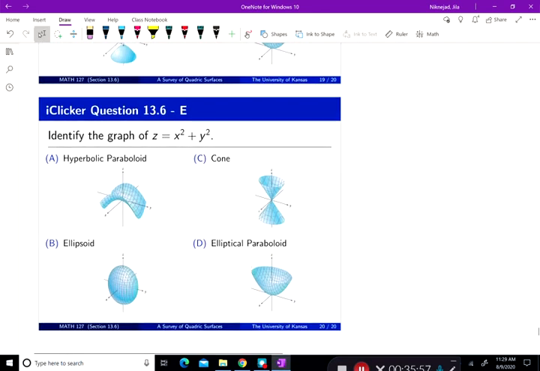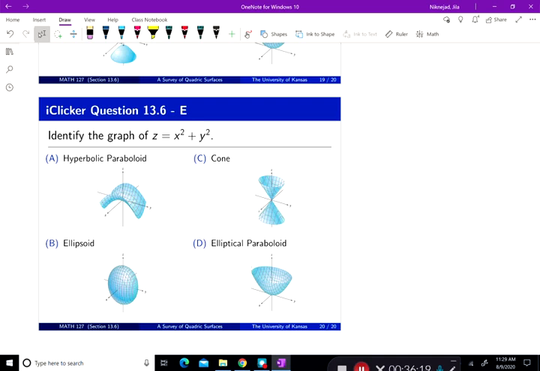iClicker question 13.6e. Identify the graph of z equal to x squared plus y squared. In this case, let's stop the recording and solve and come back.